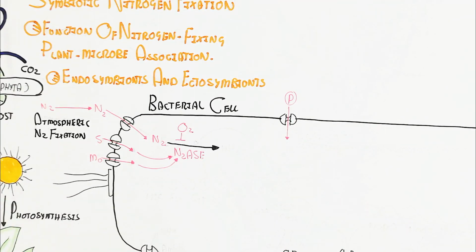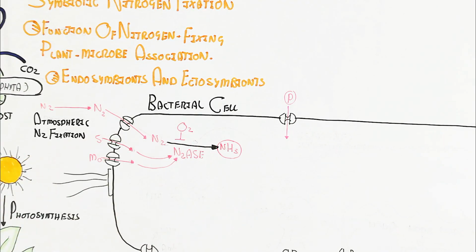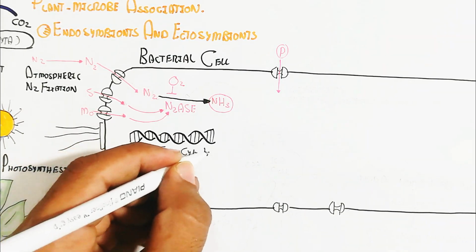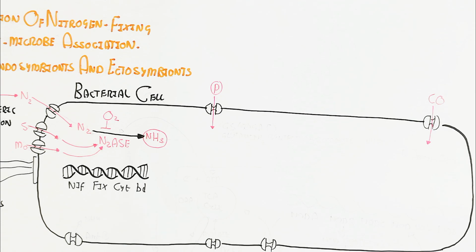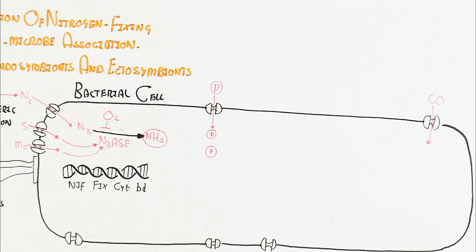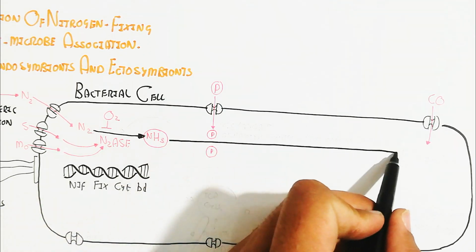Oxygen will inhibit it. The DNA contains the nif genes for nitrogen fixation, and the cytochrome bd gene. This is a very important functional process.